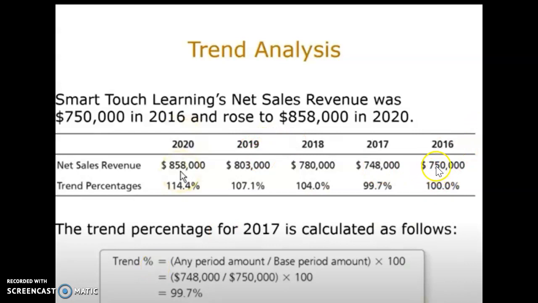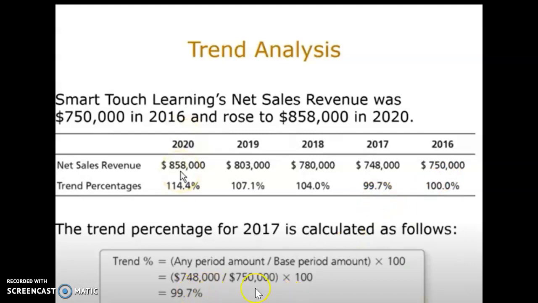So if you wanted to calculate the trend percentage for each year, if you did the base year, the amount is $750,000 divided by the base year, you would get 100% because that's your base. In 2017, to get the percentage, you take 748,000 and divide by the base year, 750,000, and you get your percentage 99.7%.